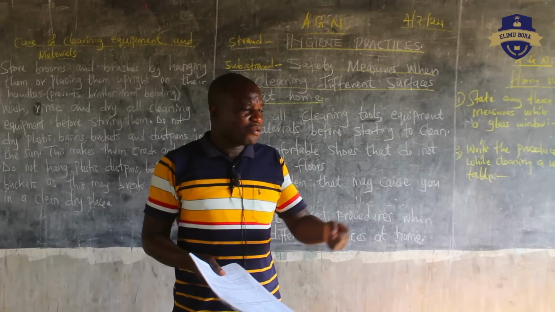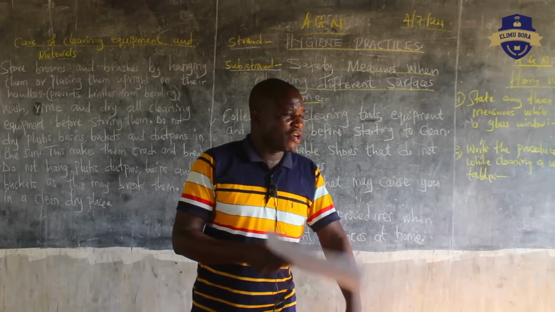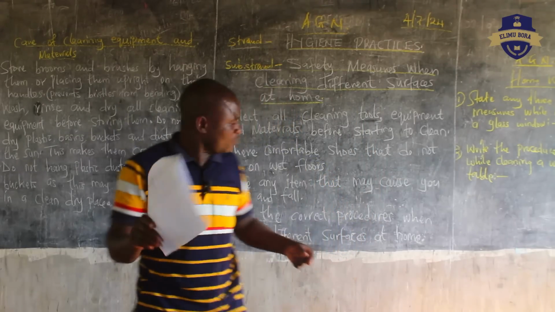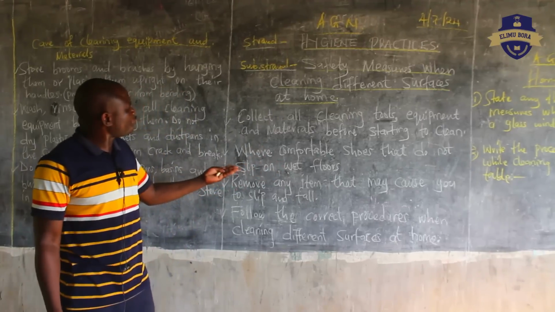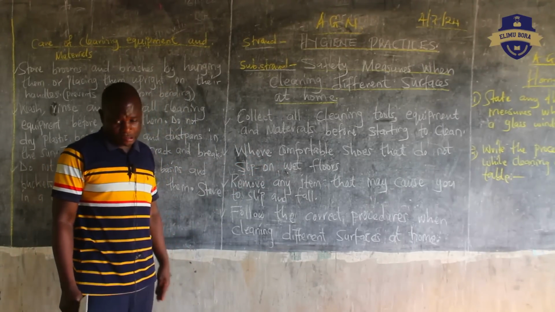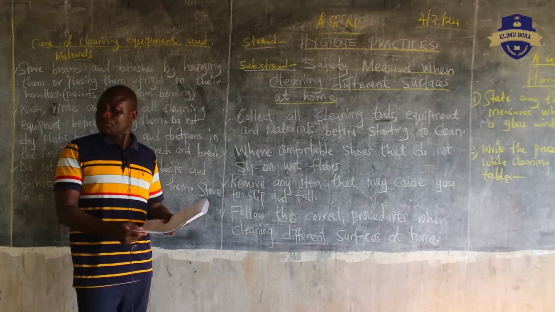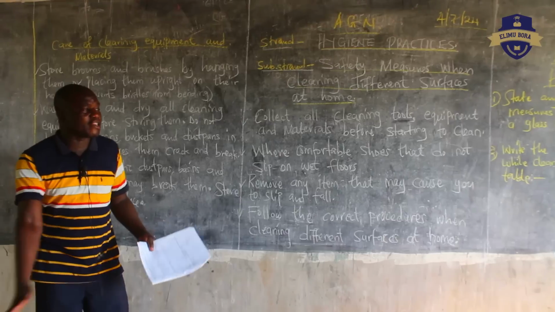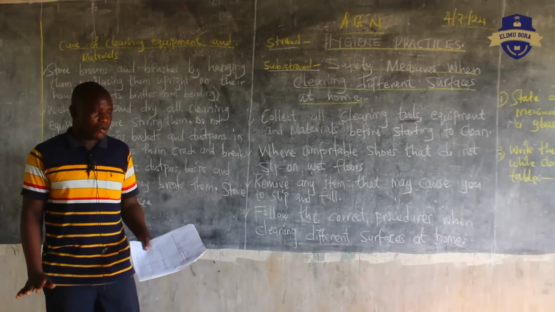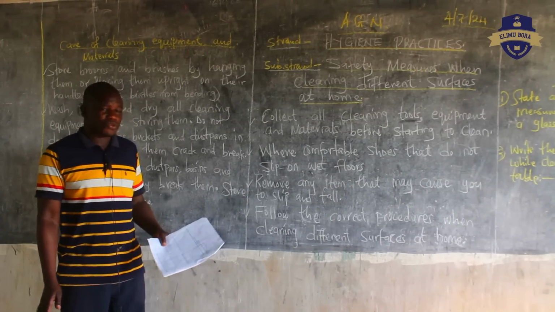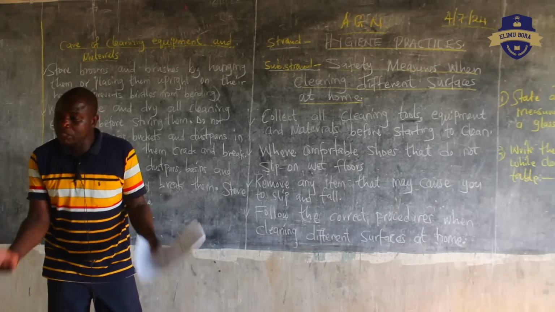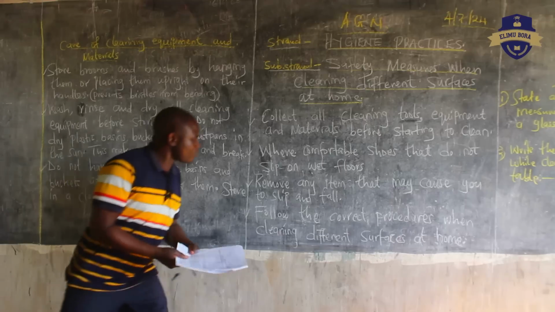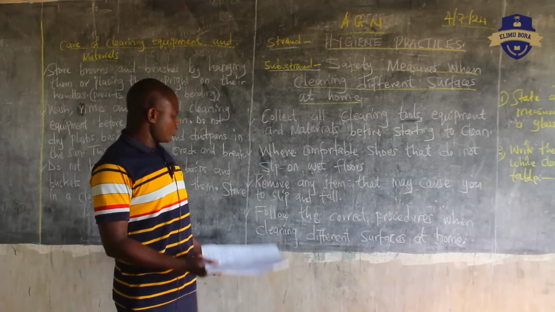So instead of continuing to clean the surface, you are now nursing a wound. Accident has occurred. So for that not to happen, wear comfortable shoes that do not slip on wet floors. Like you have just mopped your house and you have forgotten to rinse it well. That is a cemented floor. It is wet and it has soap. You know how slippery it is. Then you fall down. That is the consideration we put as a measure.